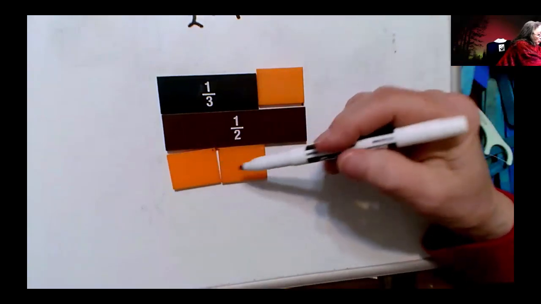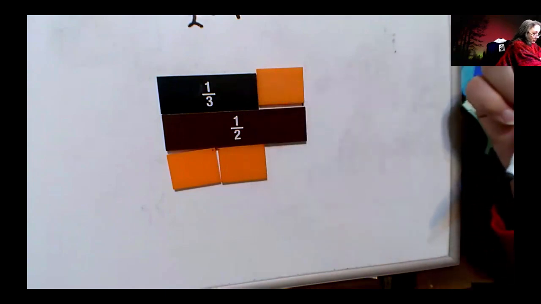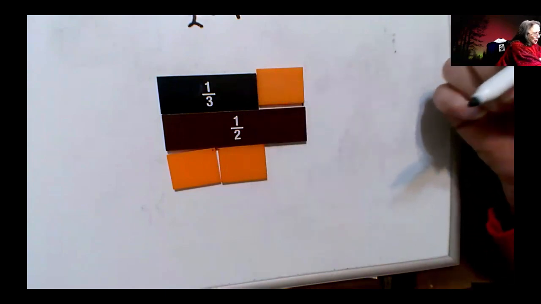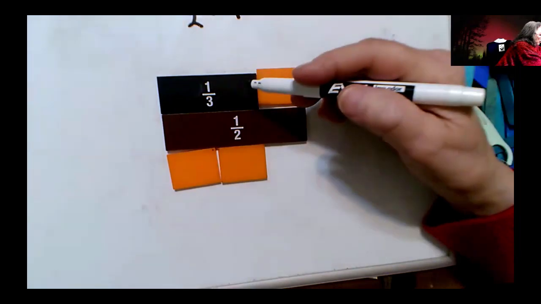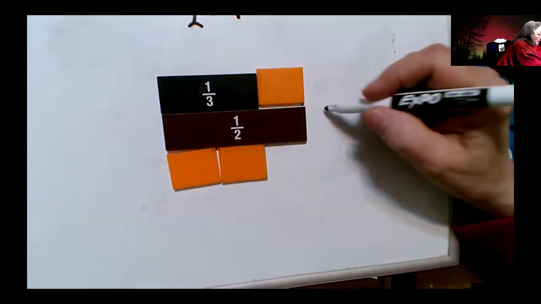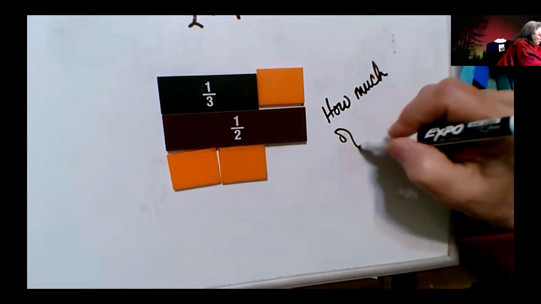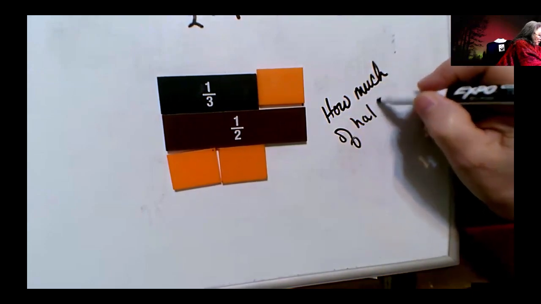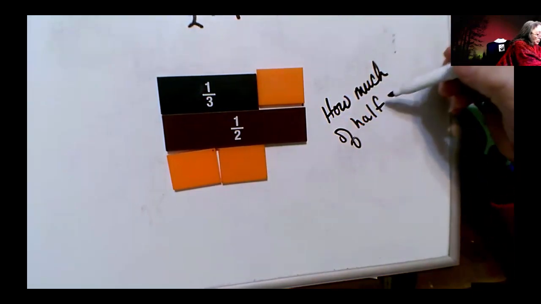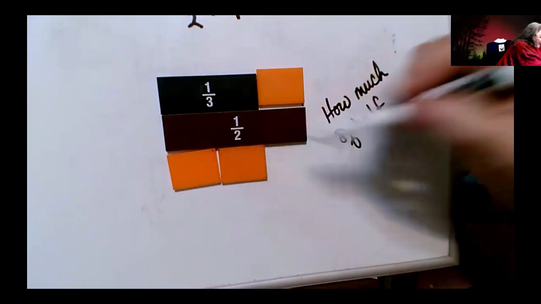I can make 2/3 of my half. You might want to rewind and watch that again. 1/3 is smaller, so I'm asking how much of my half can I make? And the answer is named in terms of the half.